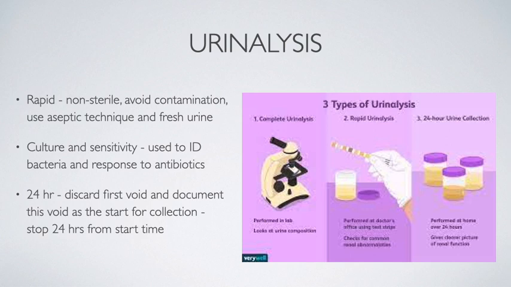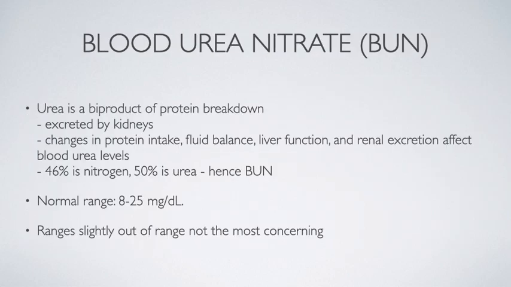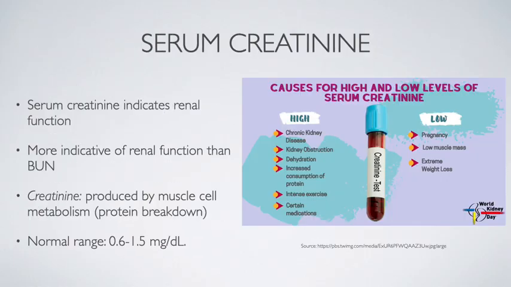The 24-hour collection is used to measure kidney function, creatinine clearance, urea nitrogen, sodium content, calcium, catecholamine, and protein content in your urine. So the way you want to do the 24, wait, actually, do I have a slide about that? Yes, we'll talk about that in a bit.